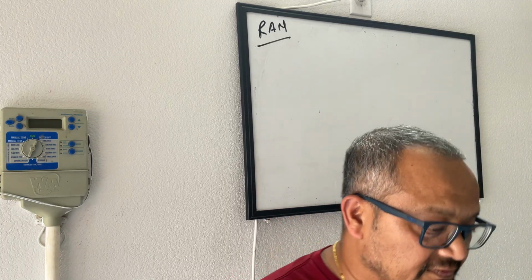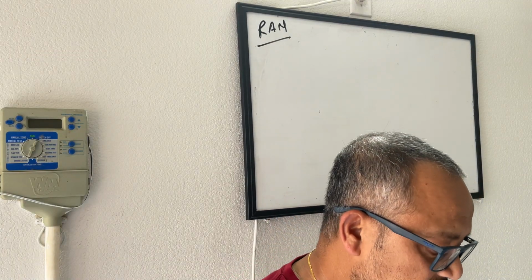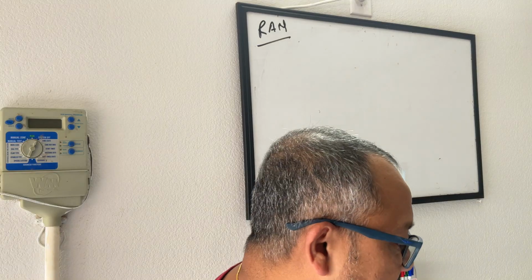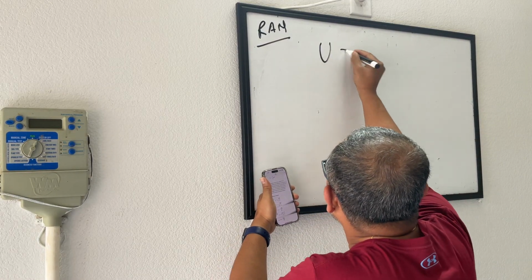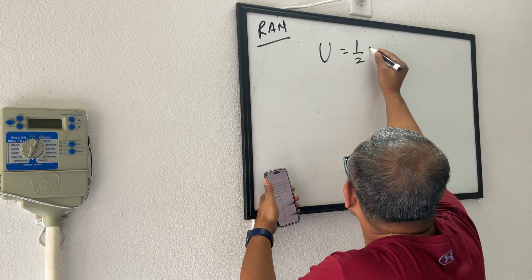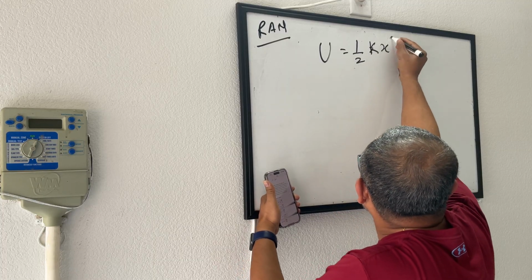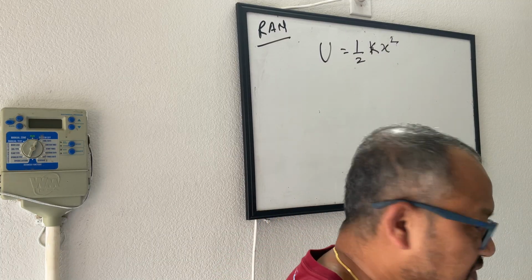Now I'm reading the question for you. The question says U equals half kx squared. I'm writing this equation. And there's a story behind it.